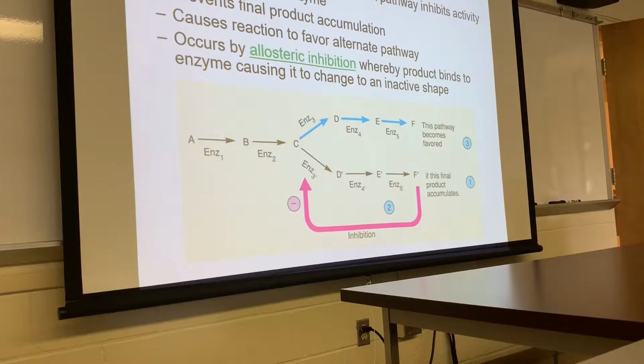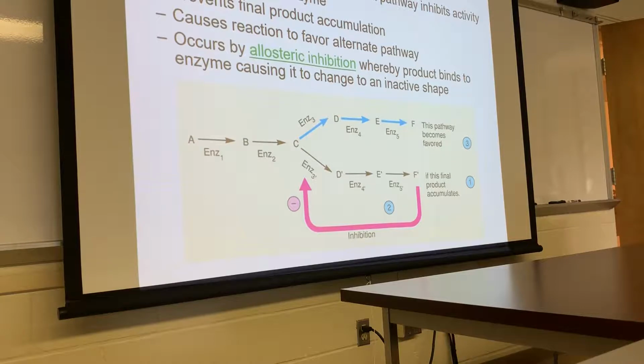To maintain homeostasis, you want to make sure that you don't get too much of something or too little of something. That's why I gave the blood sugar analogy, because you don't want too much blood sugar. You want to keep it around 70 to 110 milligrams per deciliter.